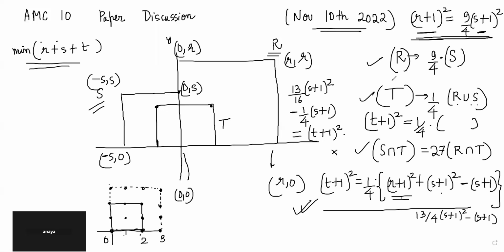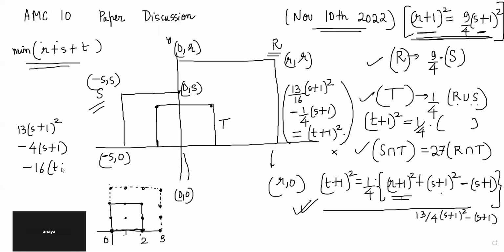Okay. We have this equation which we have used, and now we have this equation. From this equation, what can we say? We can multiply by 16 everywhere. 13 S plus 1 whole square minus 4 times S plus 1 minus 16 times T plus 1 whole square is equal to 0, right?